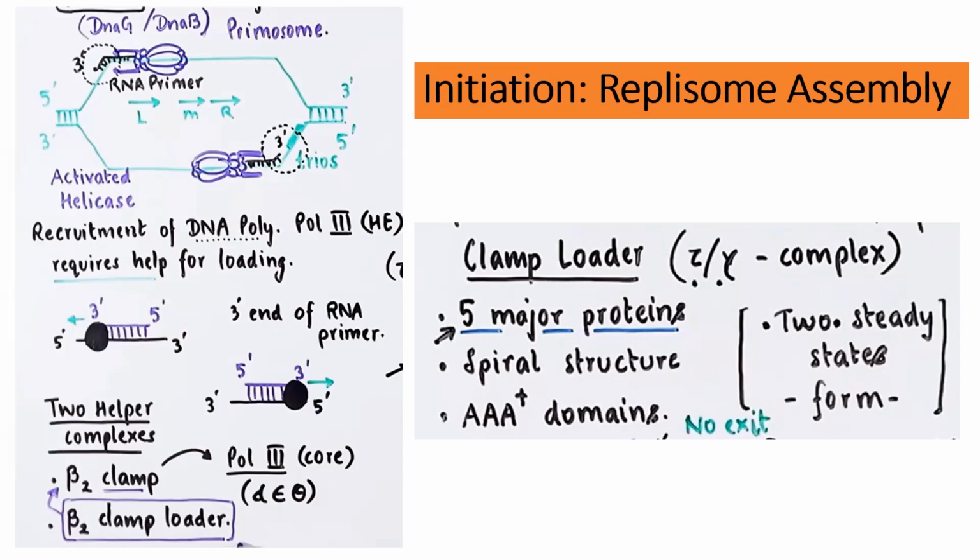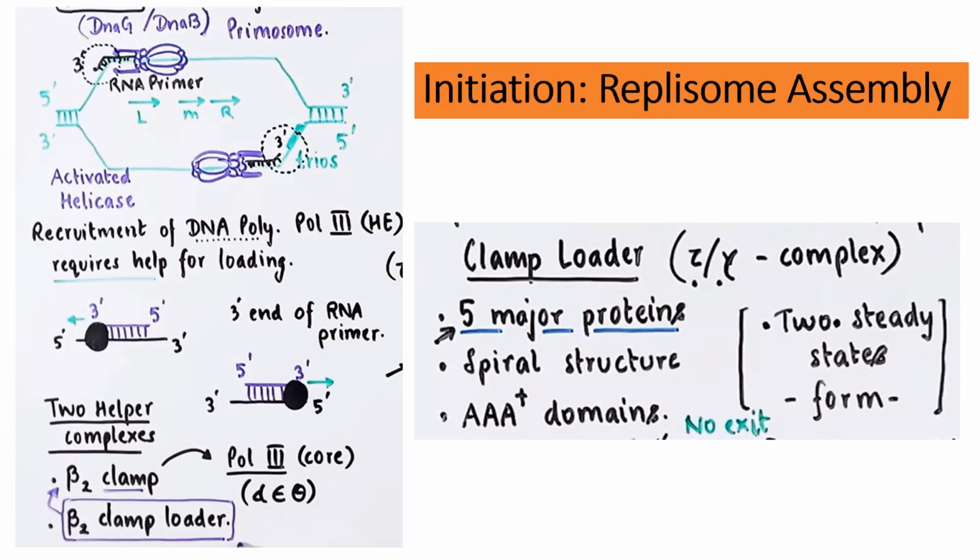The complex of DnaG and DnaB loaded on the origin is collectively called the primosome. So following this, the origin is ready for the recruitment of DNA polymerase 3.